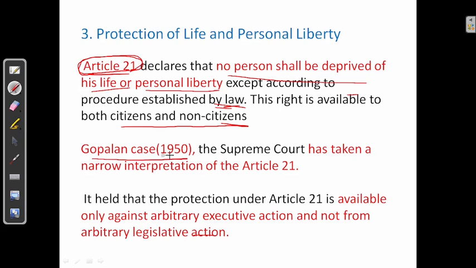In the Gopalan case of 1950, the Supreme Court took a narrow interpretation of Article 21. It held that protection under Article 21 is available only against arbitrary executive action and not against arbitrary legislative action.